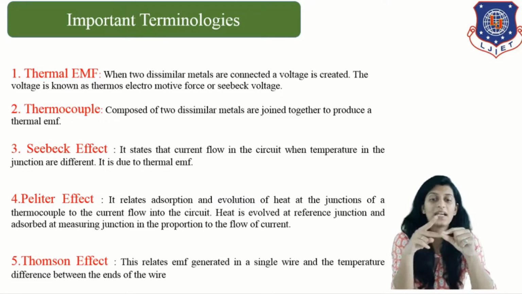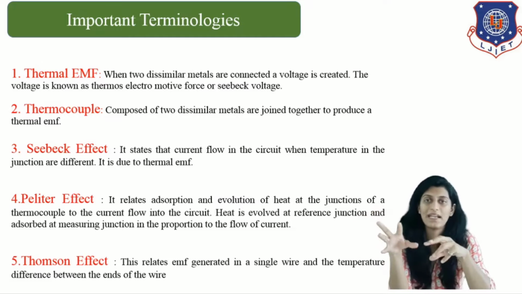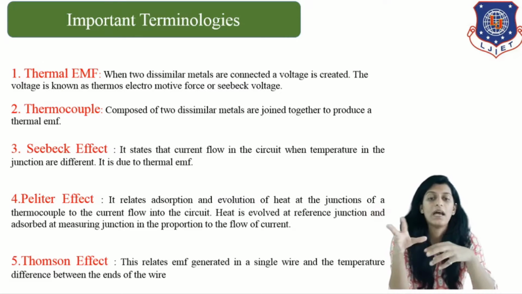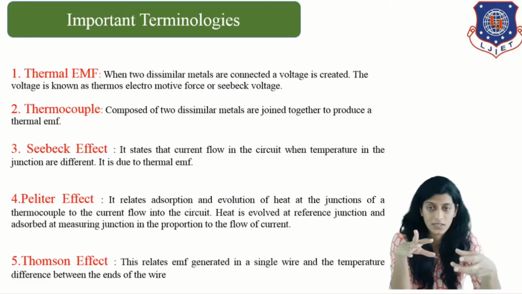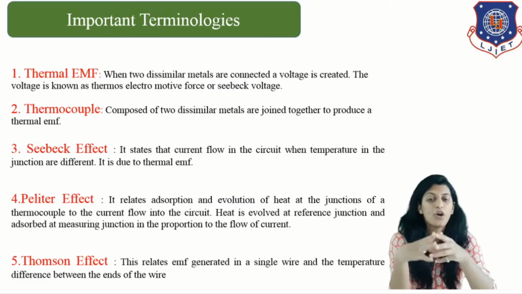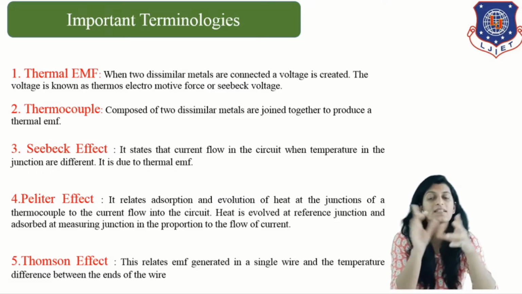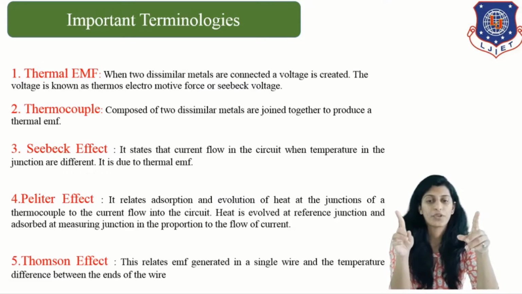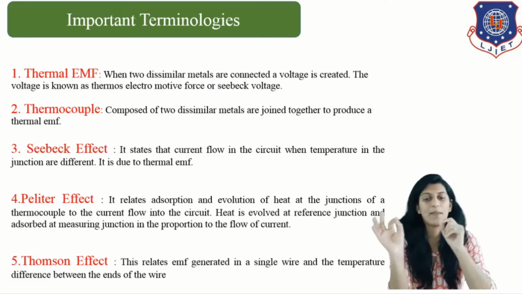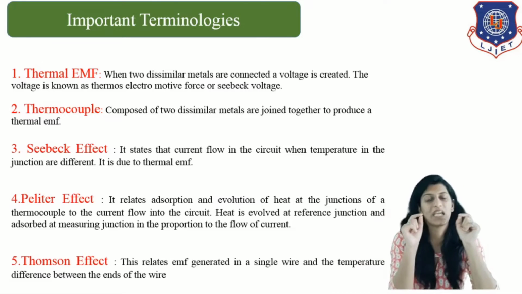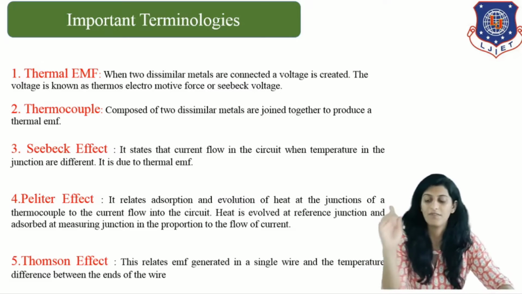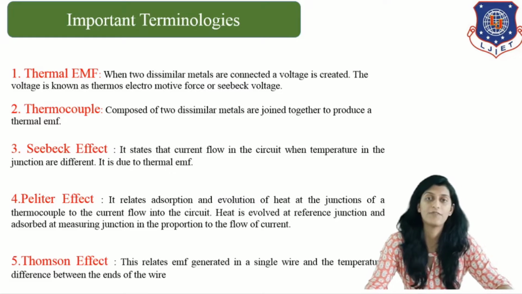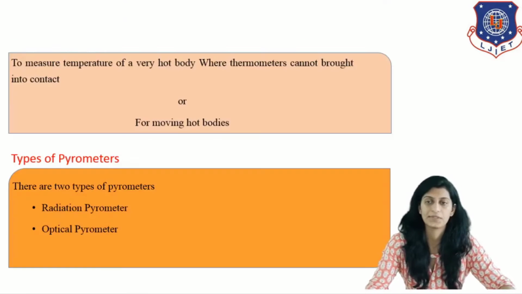The Peltier effect relates heat evolution and absorption to the temperature difference which is generating current inside the circuit, and the Thomson effect relates to the single wire configuration, that is, the EMF which can be generated in a single wire when there is a temperature difference between both ends.